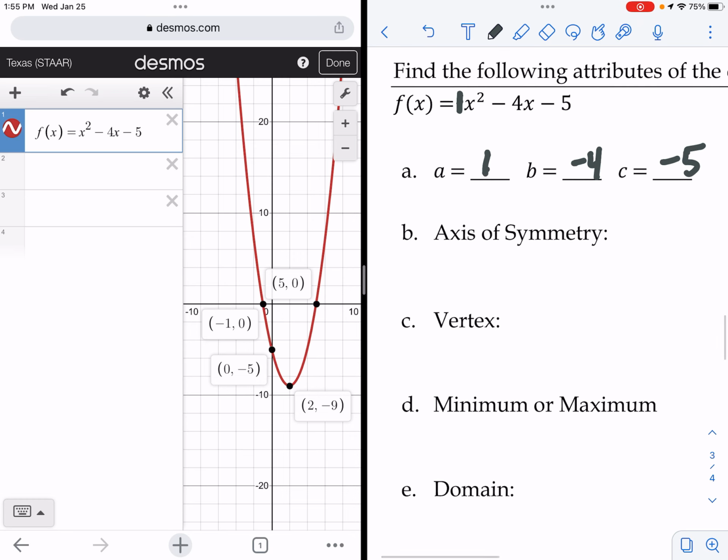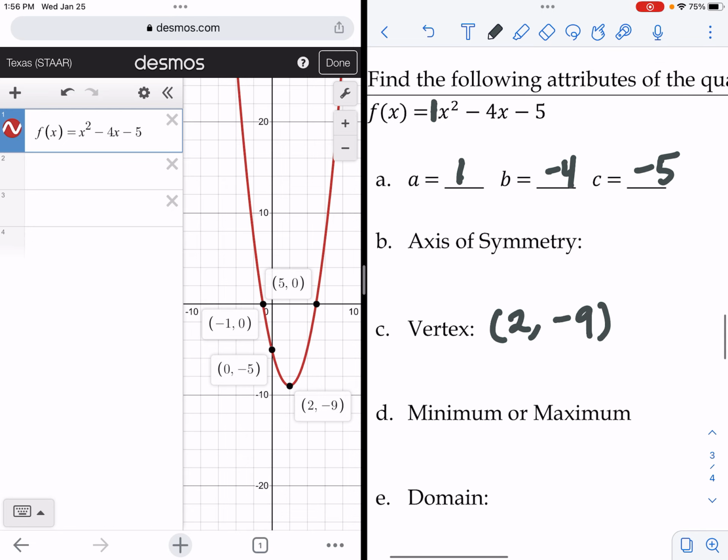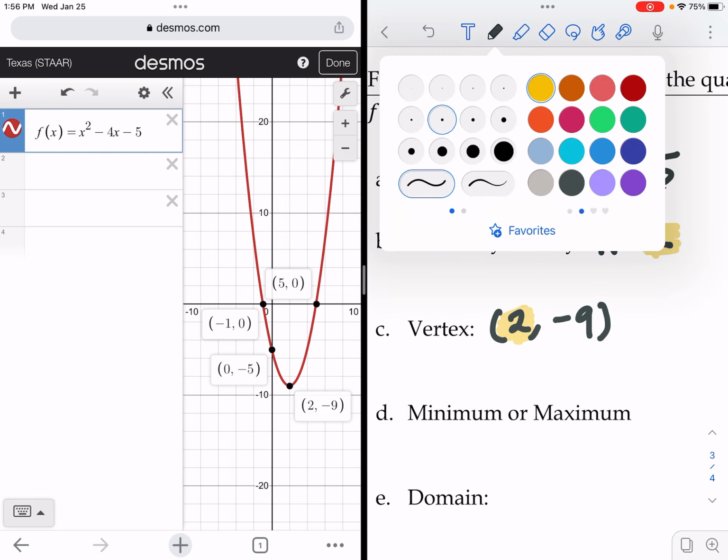And so for the vertex, we're going to put 2, -9. And then the axis of symmetry would be that vertical line right through the vertex. And so remember, this number and this number should always match.